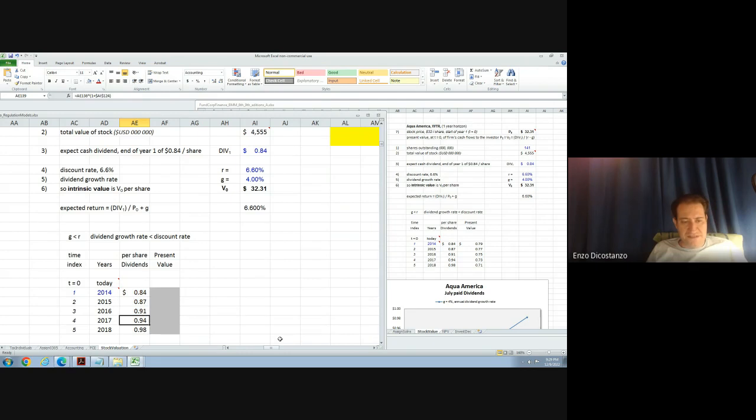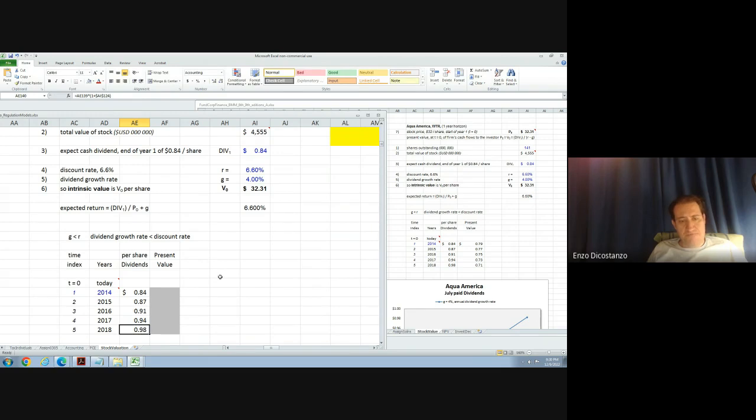So we reference this to here, to 84 cents. This is just 84 cents times 1 plus 4%. This is 87 cents times 1 plus 4%. This is 91 cents times 1 plus 4%. And this is 1 plus 4% times 94 cents.